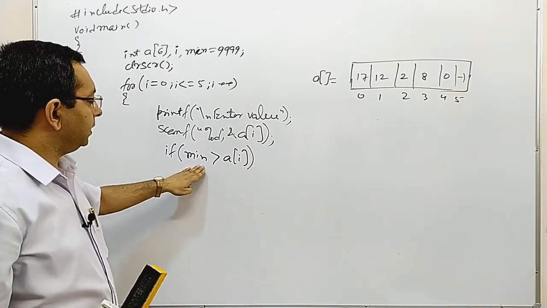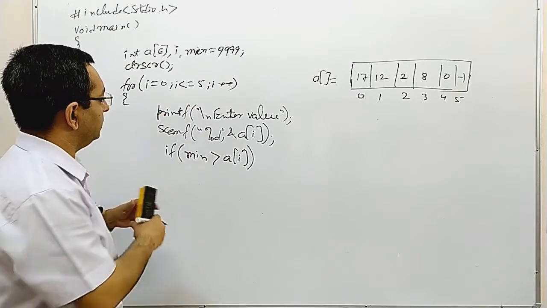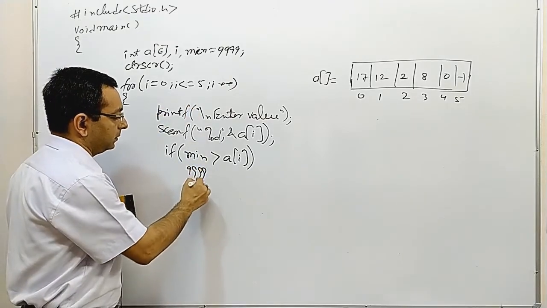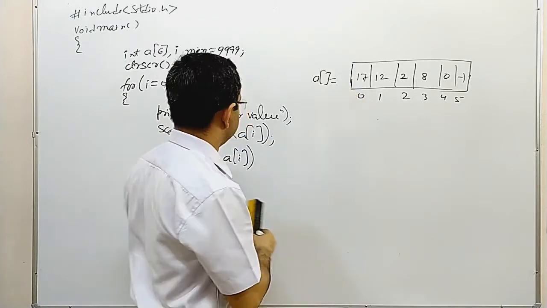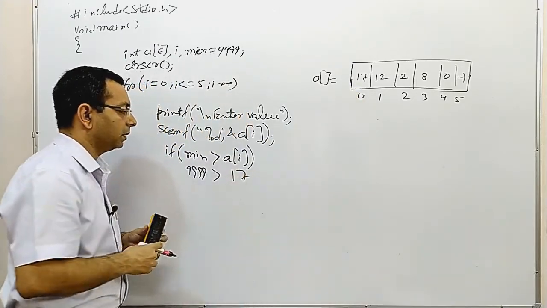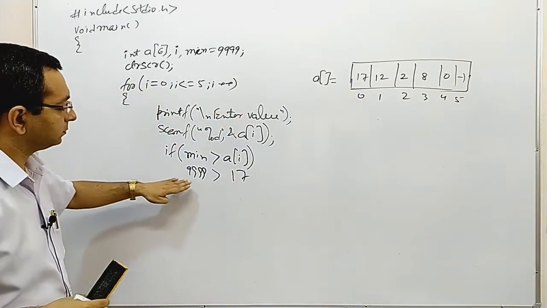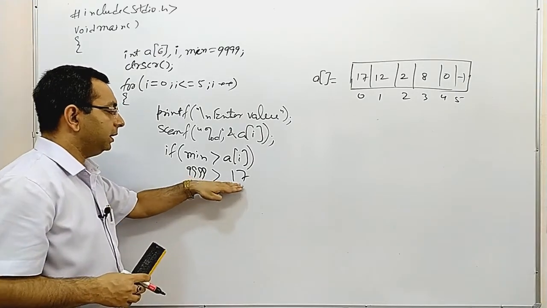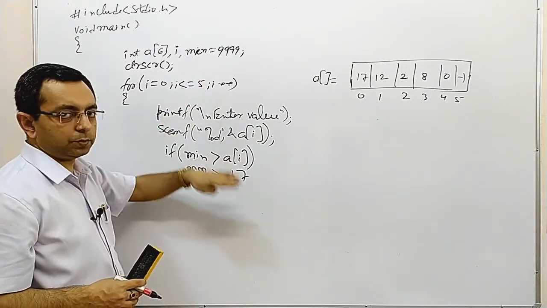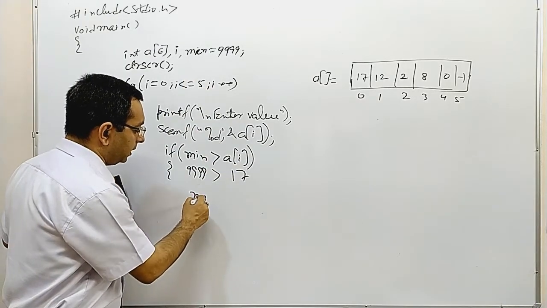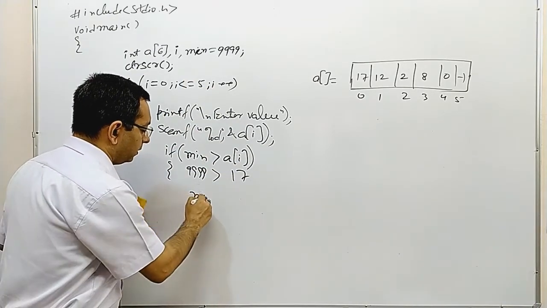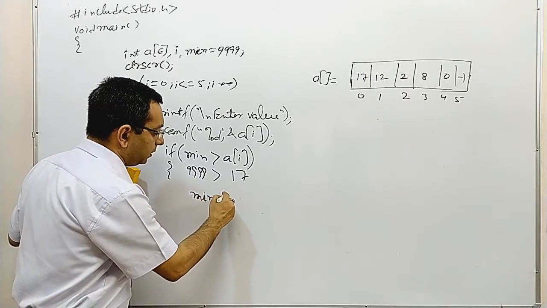Now we compare: if min is greater than A[I]. What will happen here? Minimum is 9999, greater than A[I]. I is 0, so the value is 17. 17 is smaller, and we have to find the smallest value. So min equal to A[I].